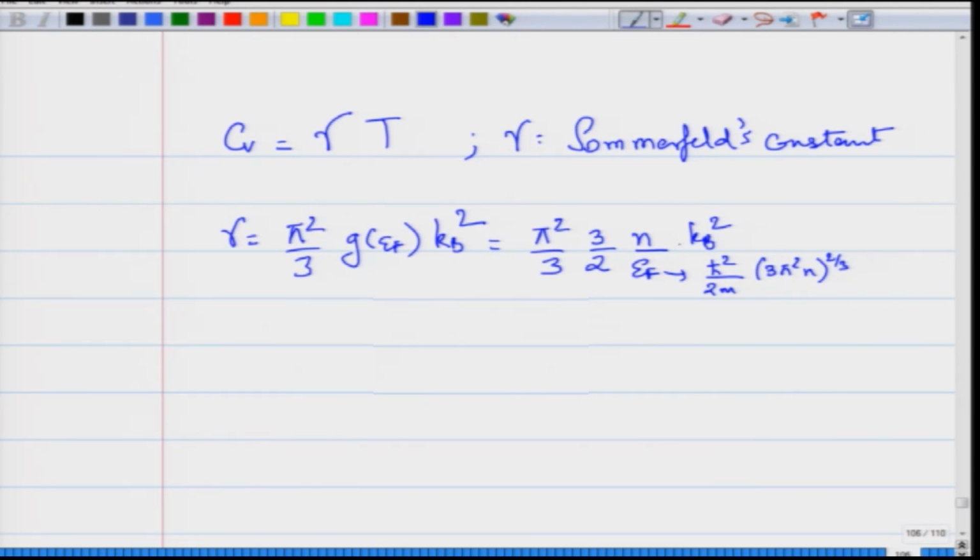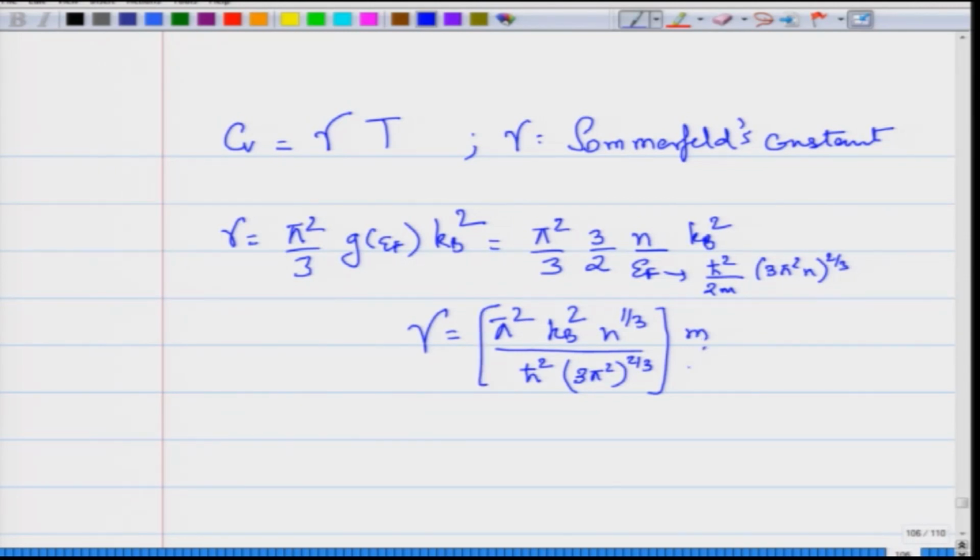So, if you put all of that in here, then this term Sommerfeld's constant will be given as pi square kB square n raised to 1 by 3 divided by h cross square 3 pi square raised to 2 by 3 into m, where m is the mass of the electron in the solid.